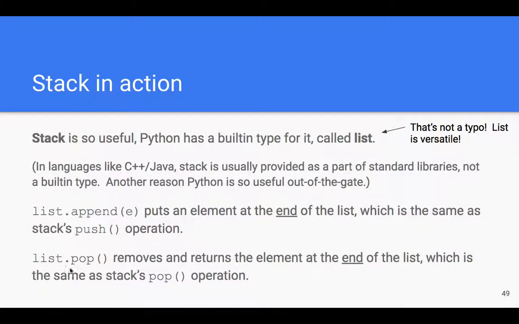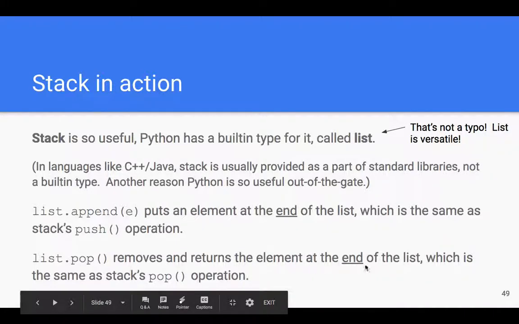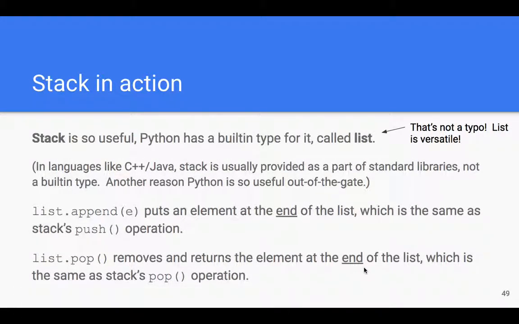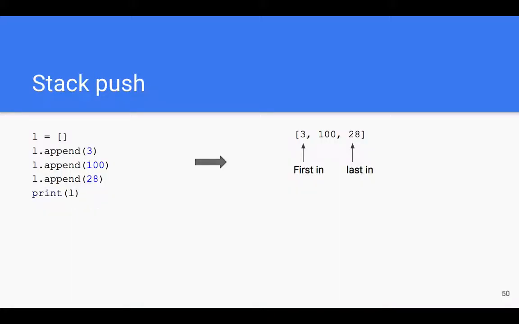The pop removes and returns the element at the end of the list that is put there by append. So basically, that is the same as a stack's pop operation.